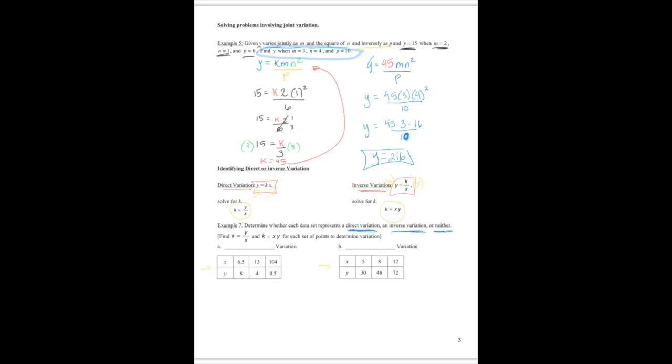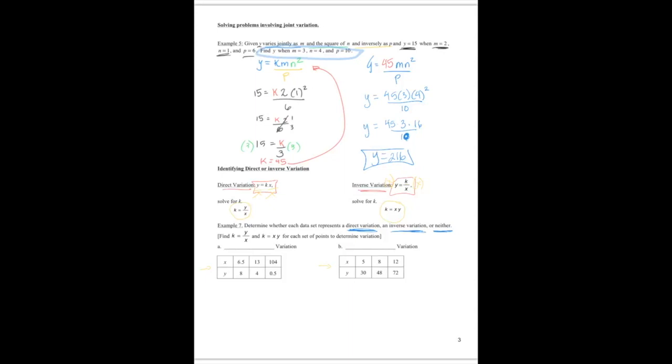Or you can just look at the pattern for x and y. At the very beginning we talked about if they both increase or if they both decrease, it's direct variation, and as x increases, y decreases, or as x decreases, y increases, we have inverse variation. So let's go ahead and look at it.